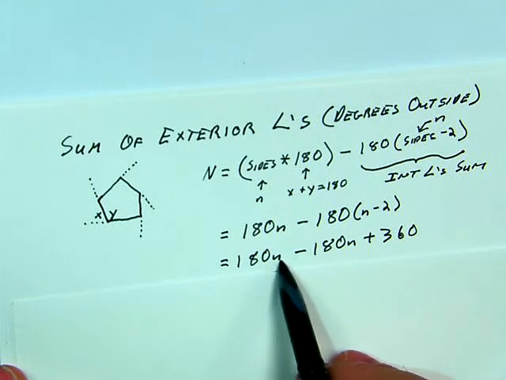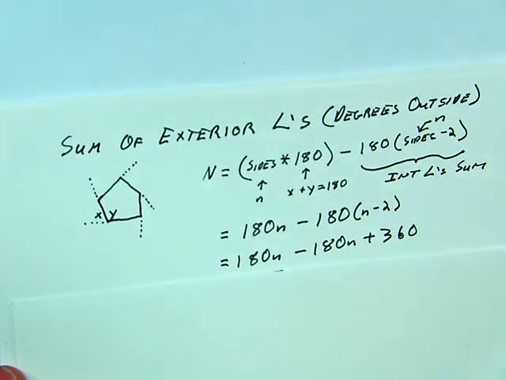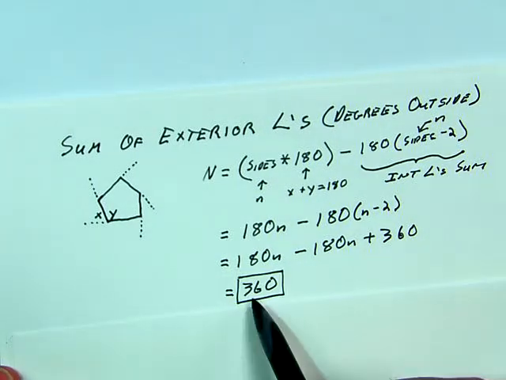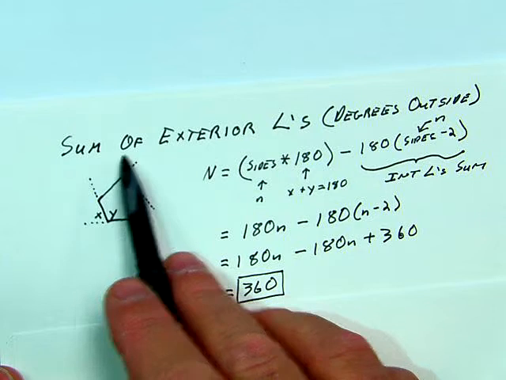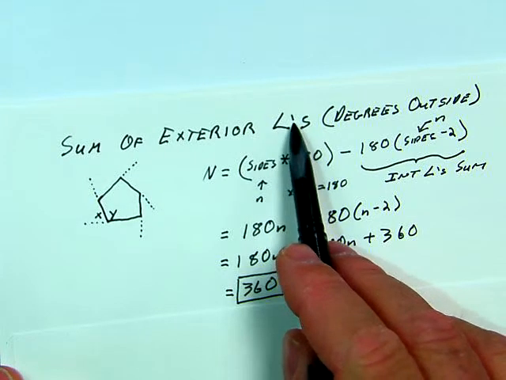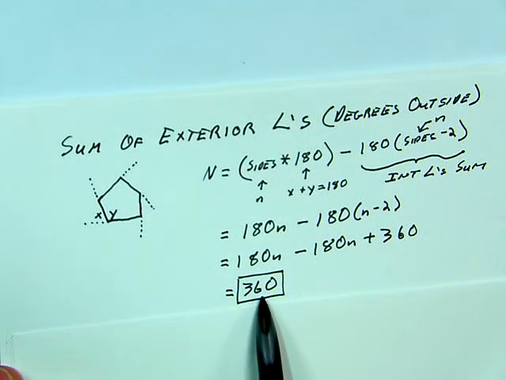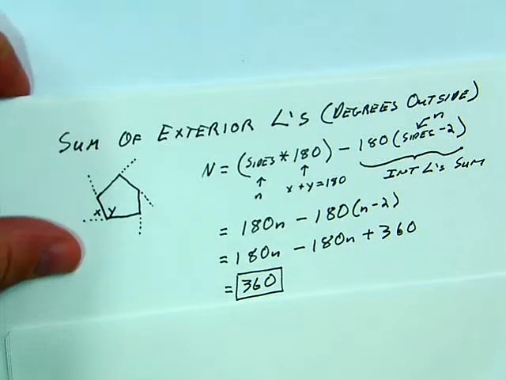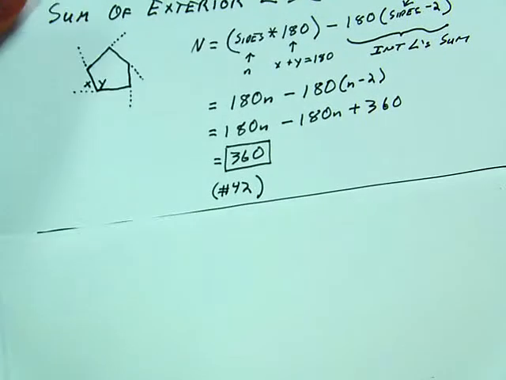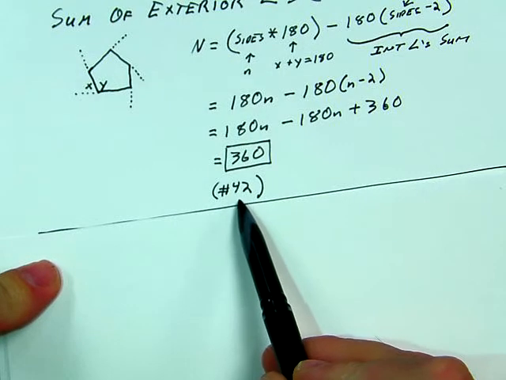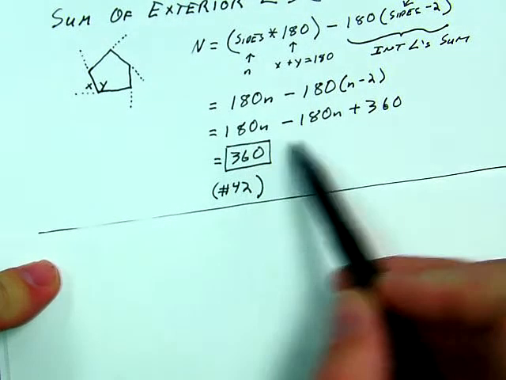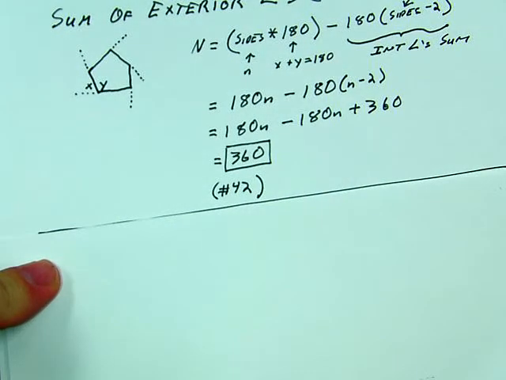Well, 180n minus 180n is always 0, so my answer is 360. So the sum of my exterior angles is always 360. It doesn't matter how many sides I have, it's always going to be 360 degrees. Let's use that in a problem. Oh, by the way, that is the proof of problem 42 in your book.